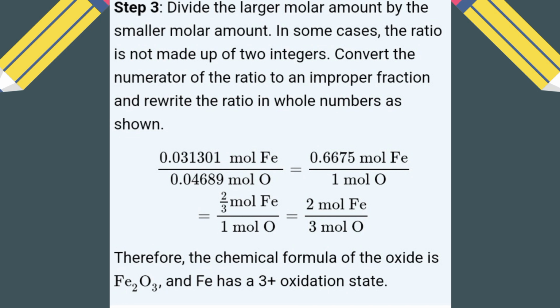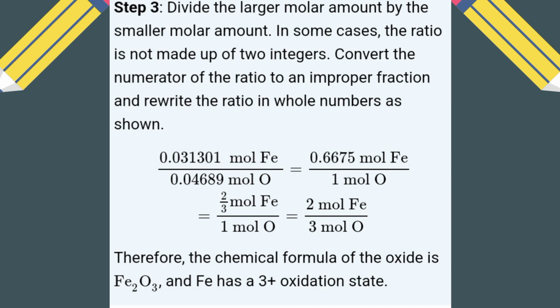Step 3, divide the larger molar amount by the smaller molar amount. In some cases, the ratio is not made up of two integers. Convert the numerator of the ratio to an improper fraction and rewrite the ratio in whole numbers as shown. So we have 0.031301 mole of iron over 0.04689 mole of oxygen, which is equal to 0.6675 mole of iron over 1 mole of oxygen.